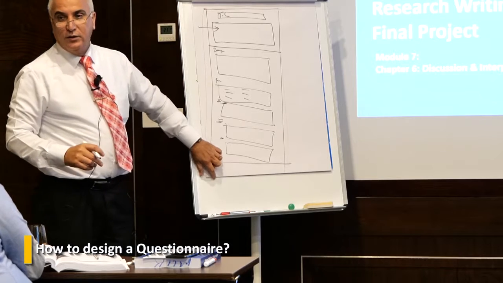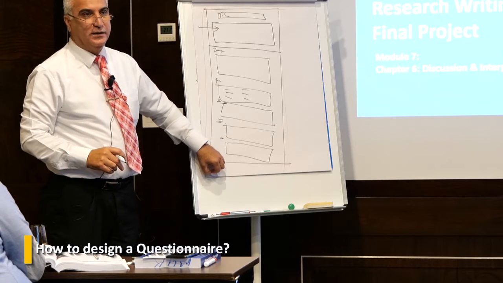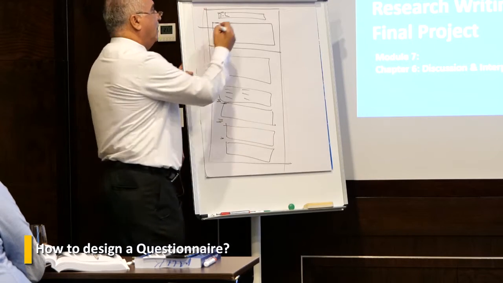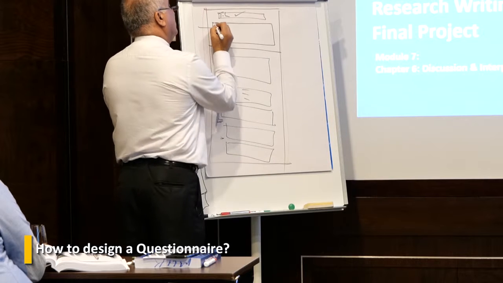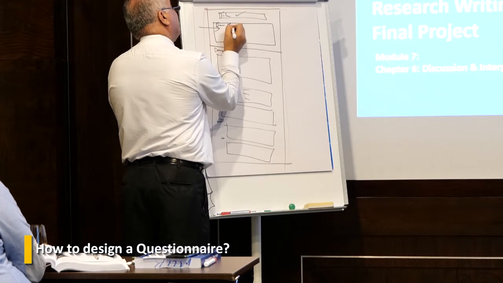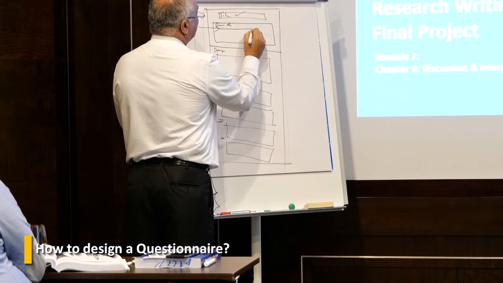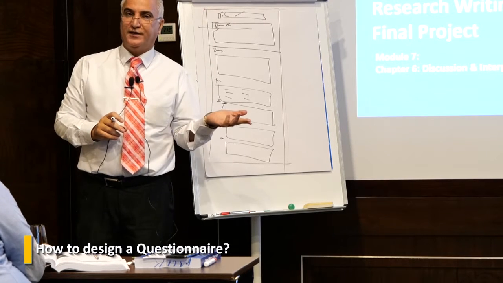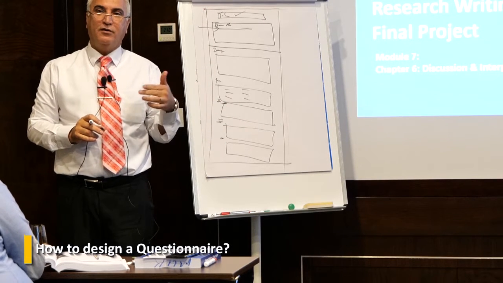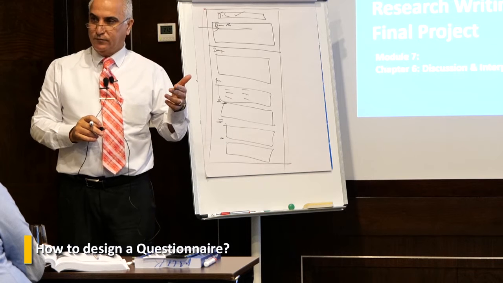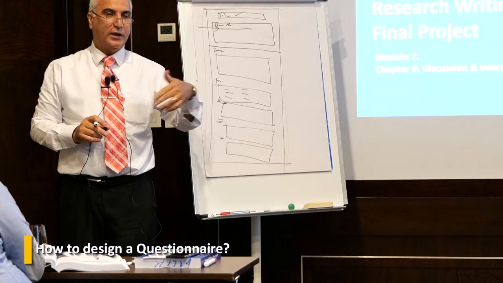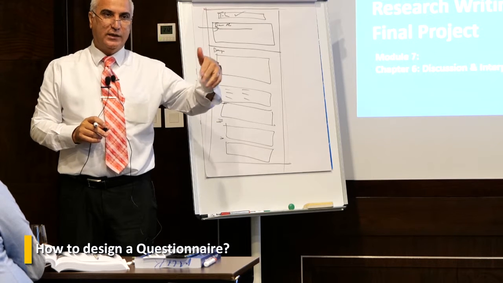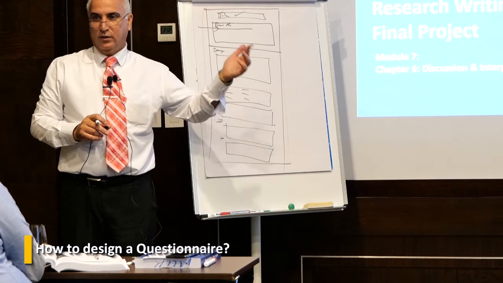All right? So to do this, first you write the title of the questionnaire. Then you write here, "Dear respondent." In the first line, you introduce yourself. You say, "Part of my academic degree is to conduct a research."